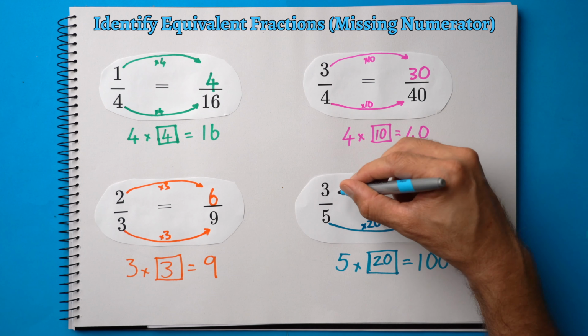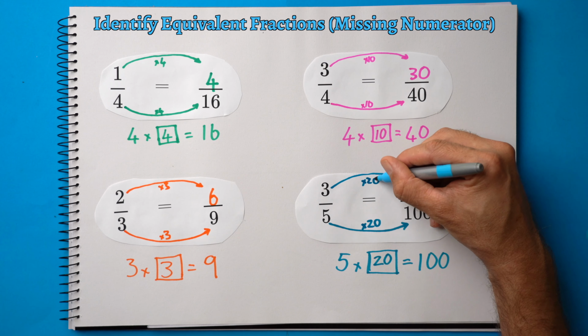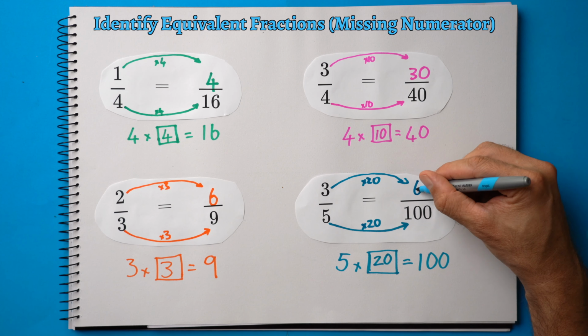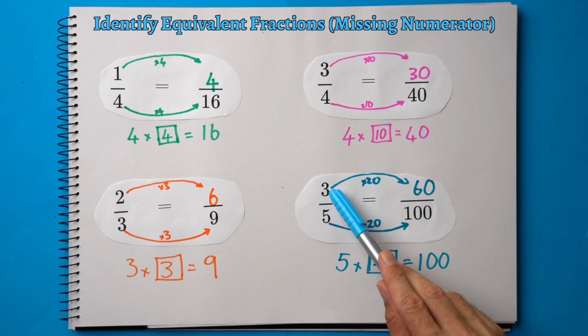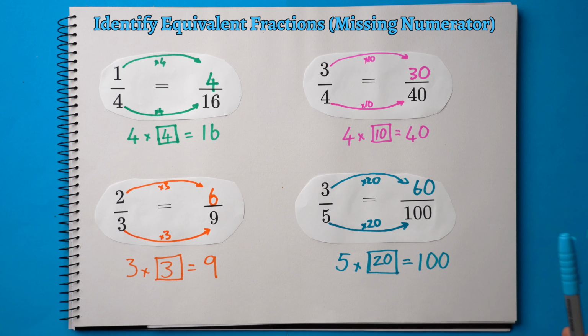Times by 20. So this one must also be times 20. And 3 times 20 is 60. So 3/5 is the same as 60/100ths. And that's how we can rename fractions.